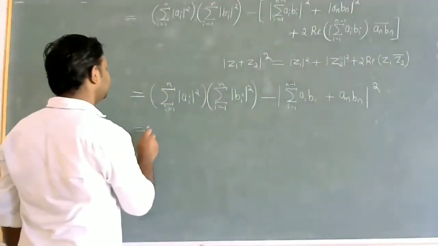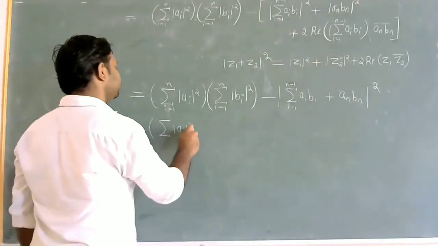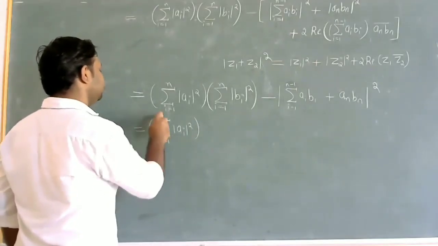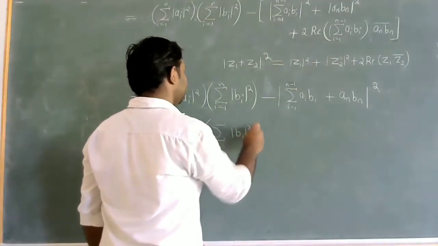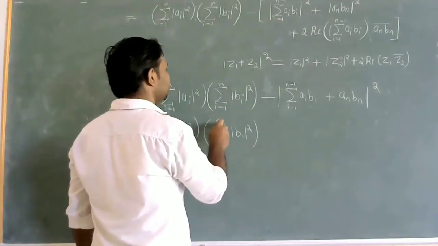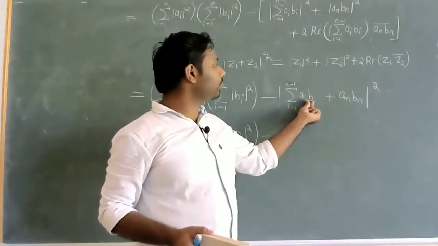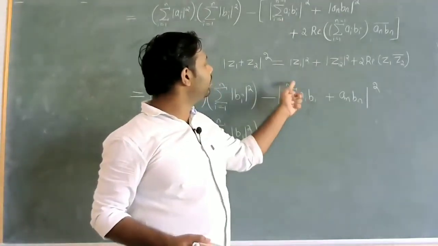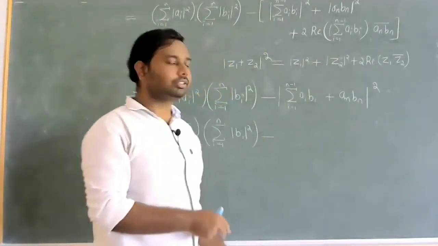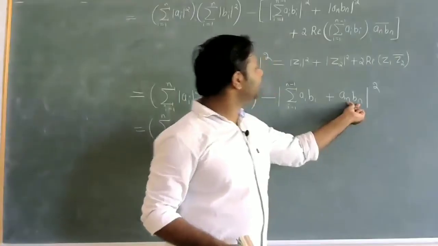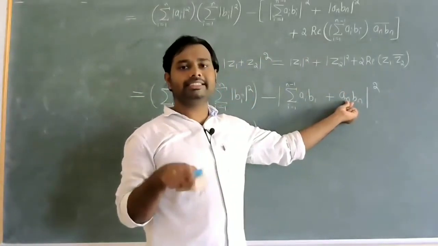So it is equal to summation modulus of ai whole square, i running from 1 to n, summation modulus of bi whole square, i running from 1 to n, minus, so what is the sum? It is the sum of all the products ai bi, i running from 1 to n minus 1. So the values of i is from 1 to n minus 1, and you can observe, so this is nothing but the term of this summation, and which is with respect to the index n.